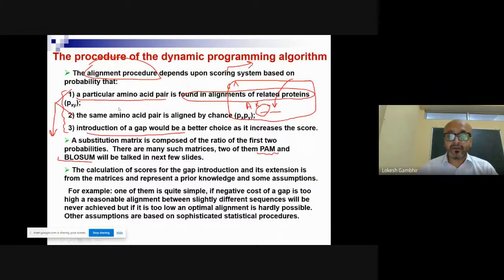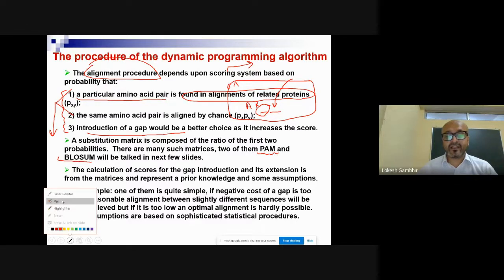How the numbering is happening. I told you that the incorporation of any amino acid in terms of alignment depends upon the neighboring or adjoining amino acid, and that is called the propensity value, or whether the same amino acid can be aligned or not.